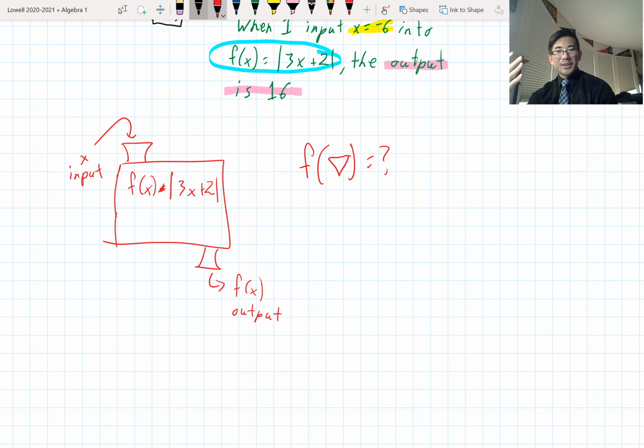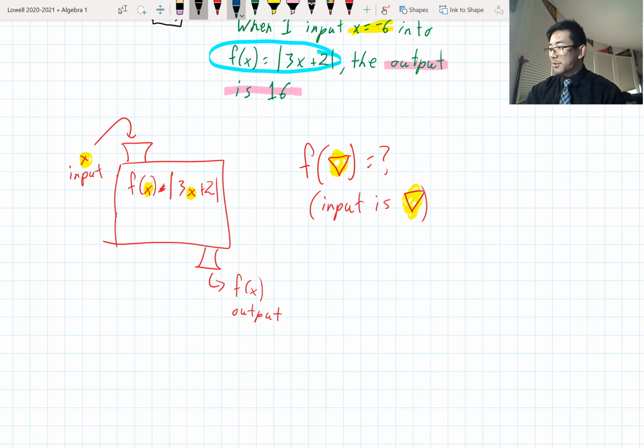So this looks weird, but if you really know what's going on, then remember all this says is the input is this upside down triangle thing. That's all I'm telling you to do. And so remember, the inputs are the x in the original equation. So wherever we see an x now, it is now upside down triangle. That's all.